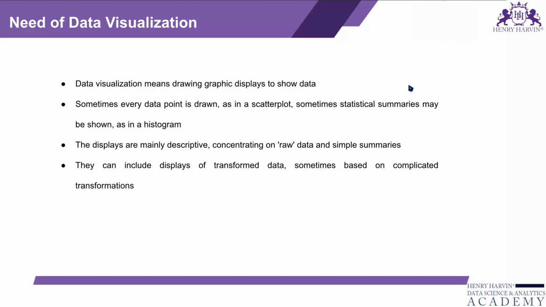So then you can take those summaries, concentrate on raw data, focus on the descriptive way, and then visualize them and explain what you are trying to convey. Right. And then they can include displaying of transformed data, sometimes based on complicated transformations.